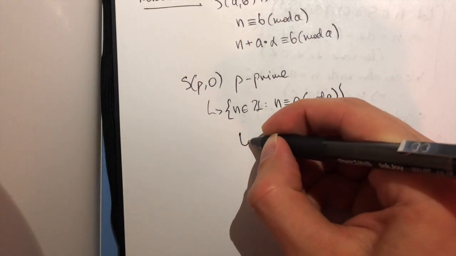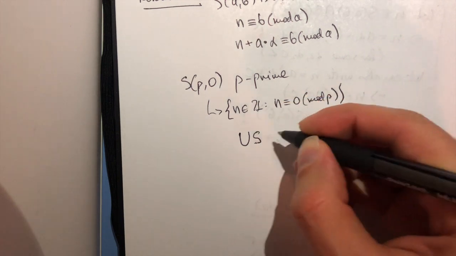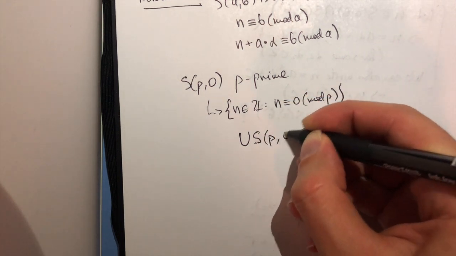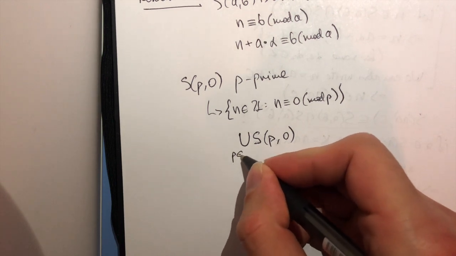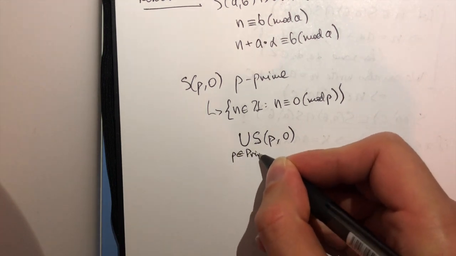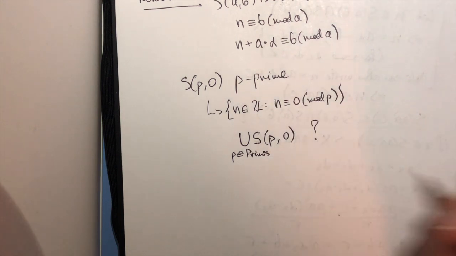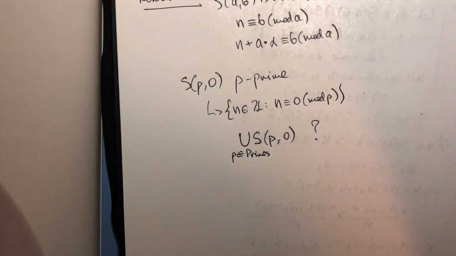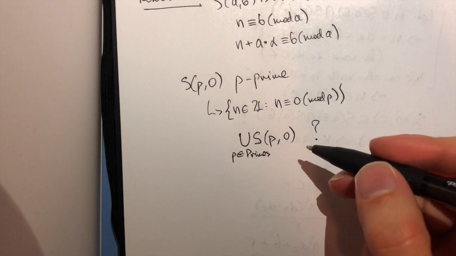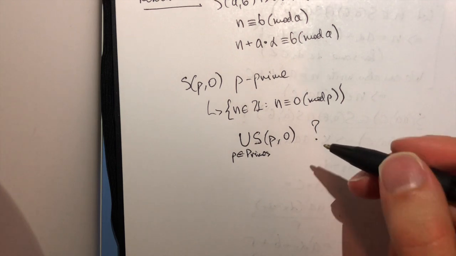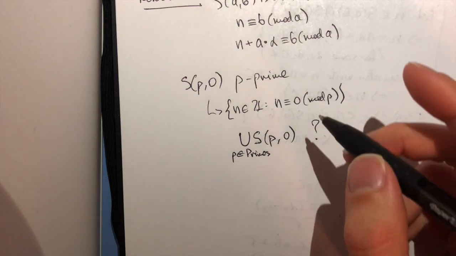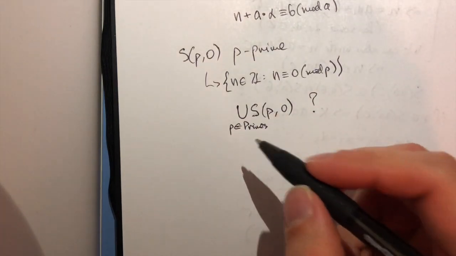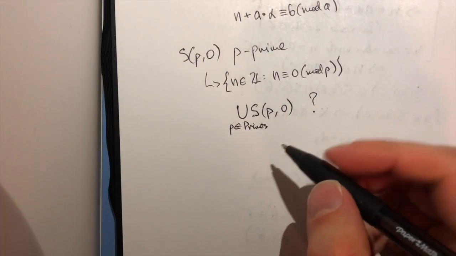So what happens if I take the union of these sets across all primes? Now, of course, every integer is divisible by some prime number, right? Well, not quite. Remember that 1 is not a prime number.